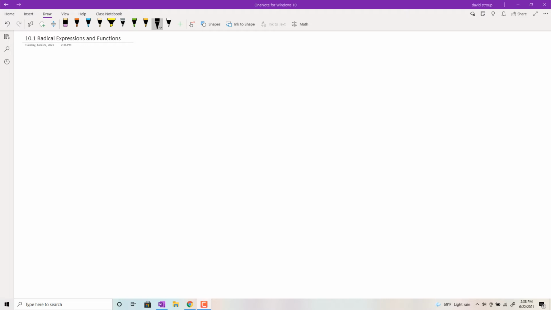So for example, you know the perfect squares now, like 1 squared is 1, 2 squared is 4, 3 squared is 9, 4 squared is 16, etc. Right? So we're going to go in the opposite direction, and that's what the square root will do. So basically, the square root of 1 will be 1.